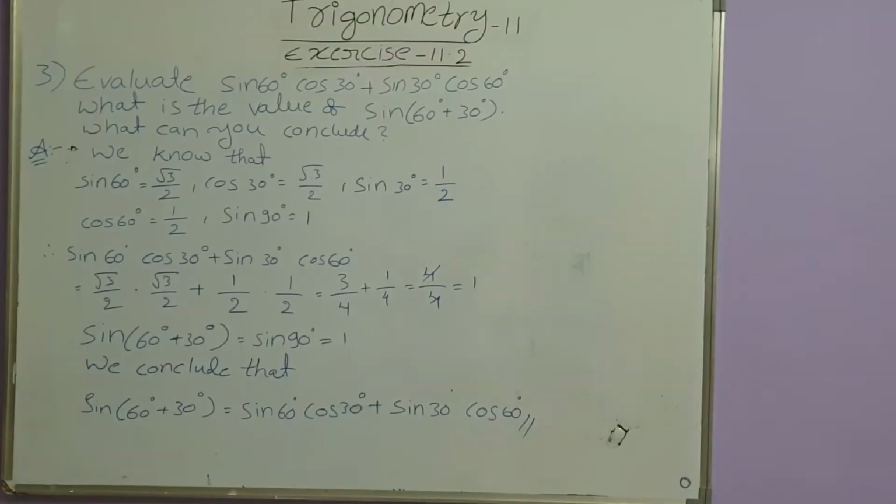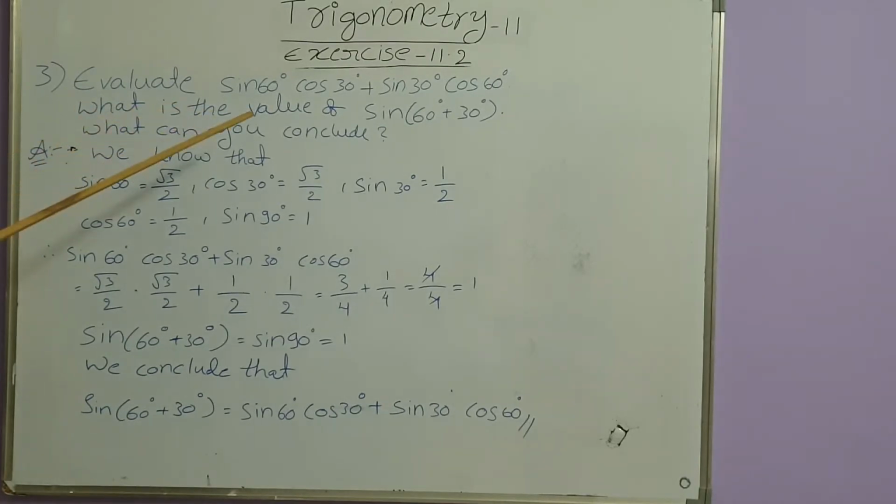In this fourth one, evaluate sin 60 degrees cos 30 degrees plus sin 30 degrees cos 60 degrees. What is the value of sin of 60 degrees plus 30 degrees? What can you conclude? See here the values. We know that sin 60 degrees is root 3 by 2 and cos 30 degrees is root 3 by 2.